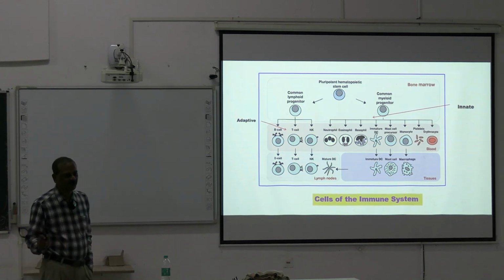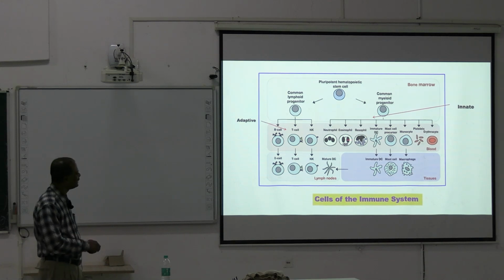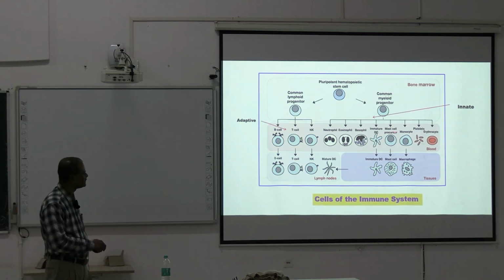The rest is the myeloid series, and in addition there are immature dendritic cells and mast cells. All these cells are present in the circulation. But in the tissues, you will get all these types of cells.